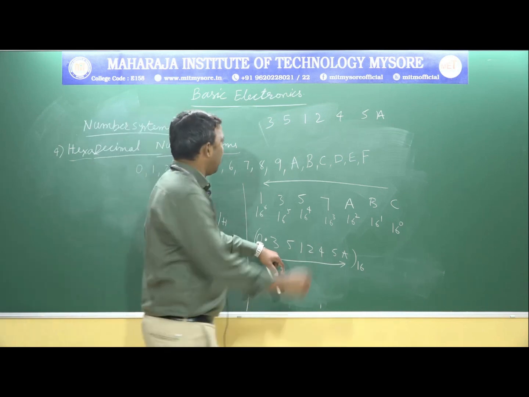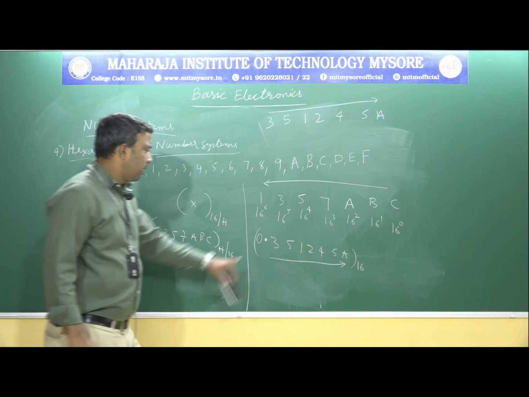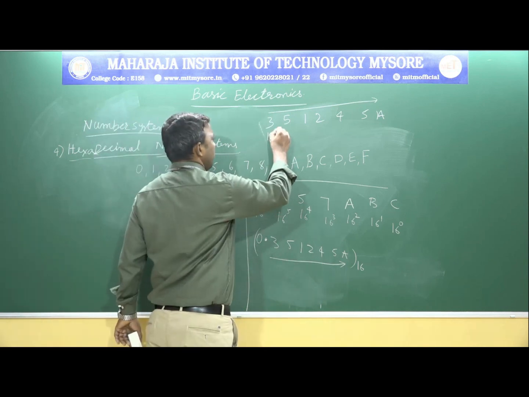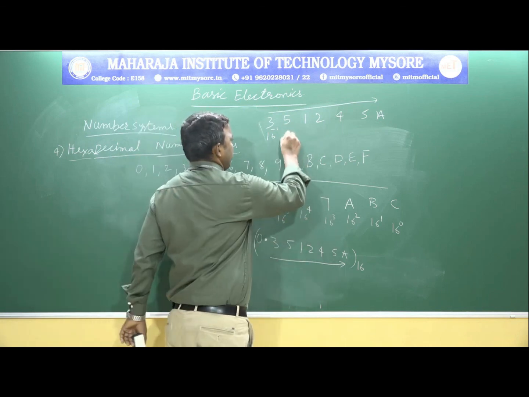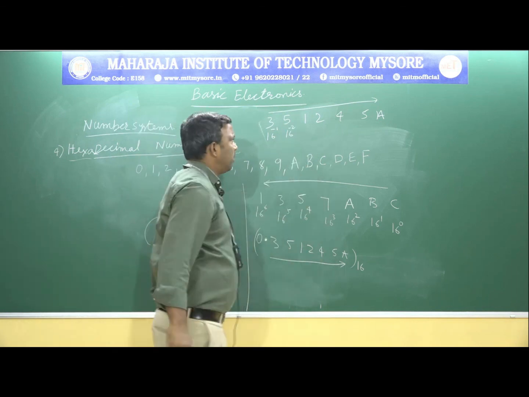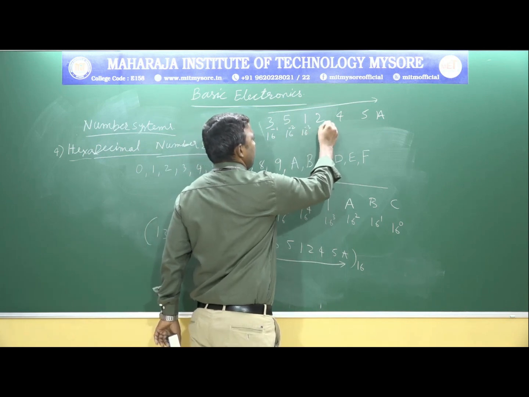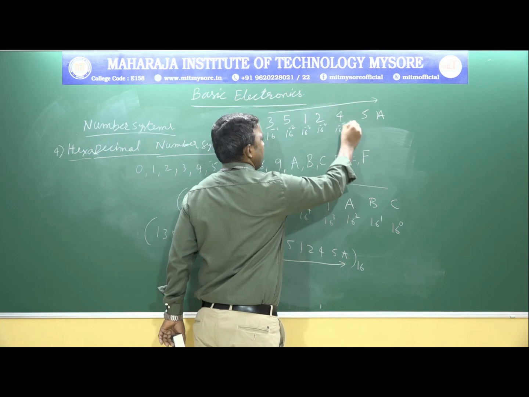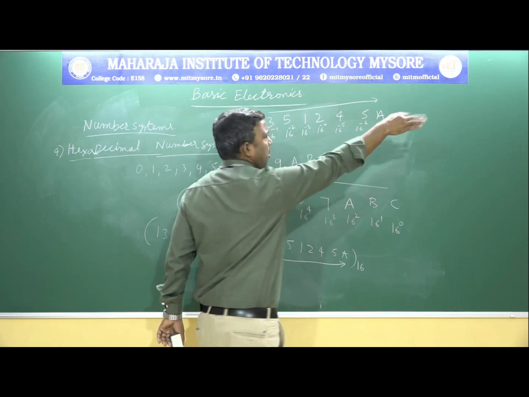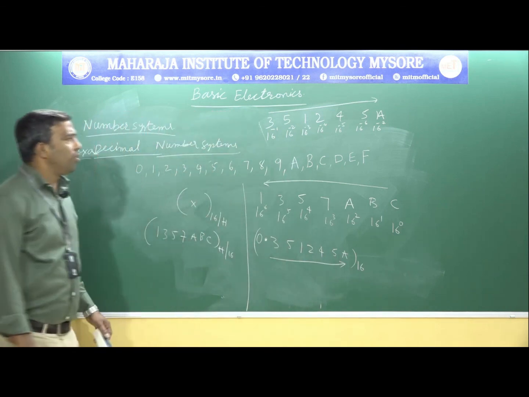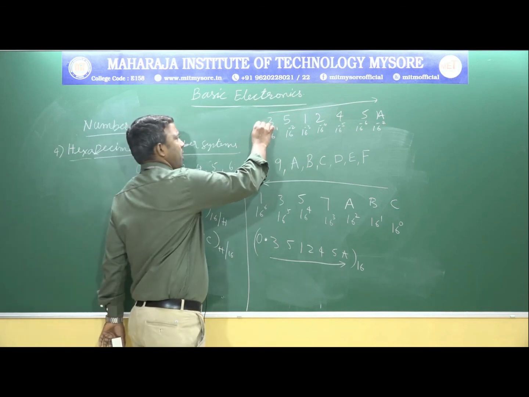After the hexadecimal point we go from left to right. So 3 is 16 power minus 1, the positional value of 5 is 16 power minus 2, then 16 power minus 3, 16 power minus 4, 16 power minus 5, 16 power minus 6, 16 power minus 7, and so on.